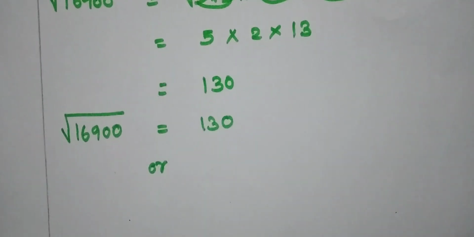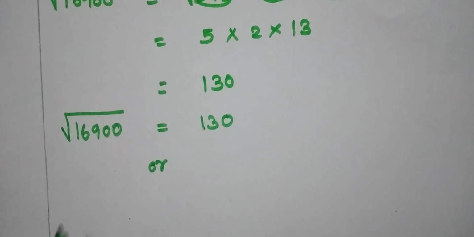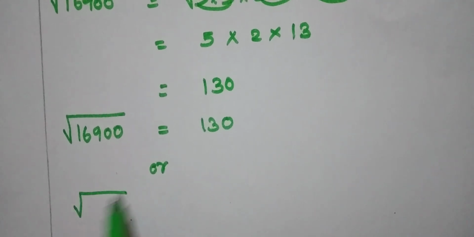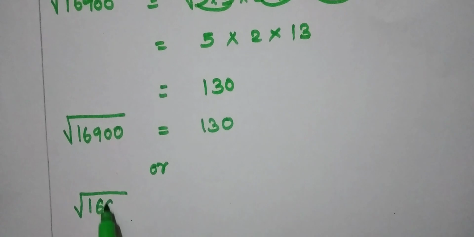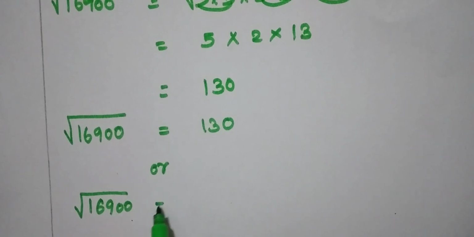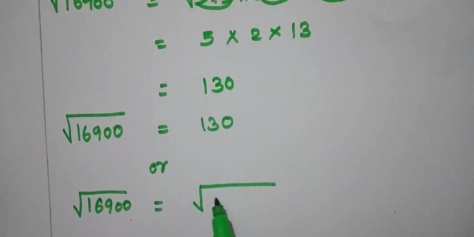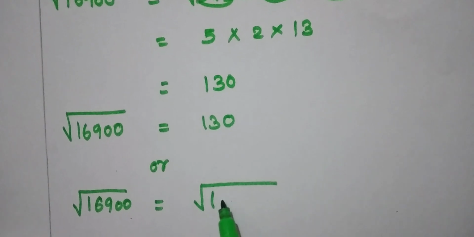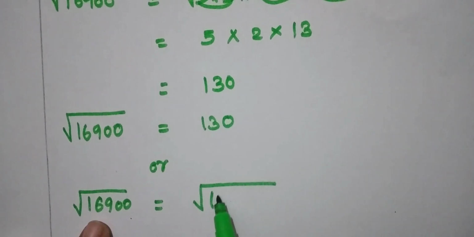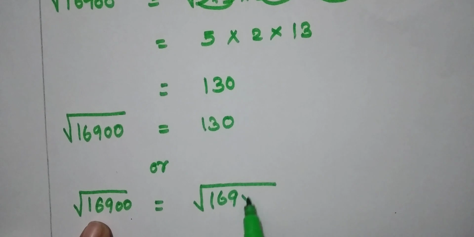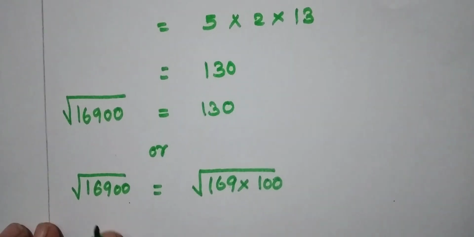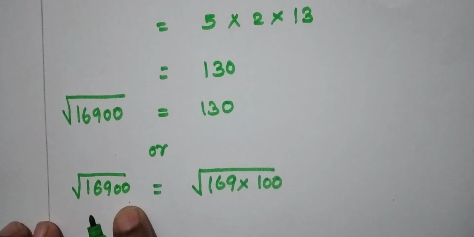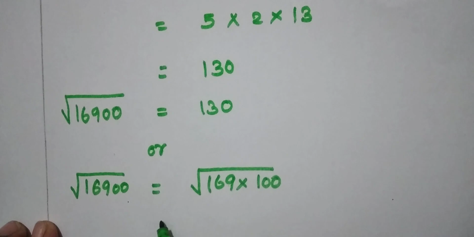So I am showing an alternative method to solve this one. Root 16900, you can write this number as, inside the root, 169 into 100. Am I right, children? Yes, we can write the number 16900 as 169 into 100.